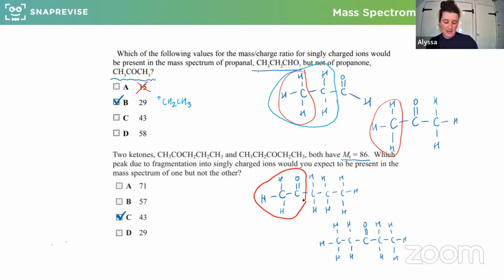We can get CH2, CH3 in both of them. We can get CH3 on its own in both of them, either end. But what we can't get is the fragment that is CH3, C double bond O. So very nice, well done.